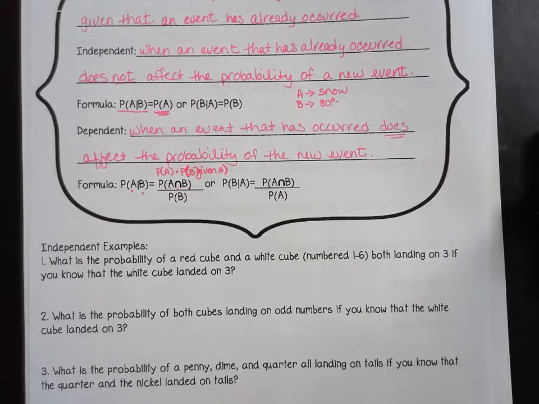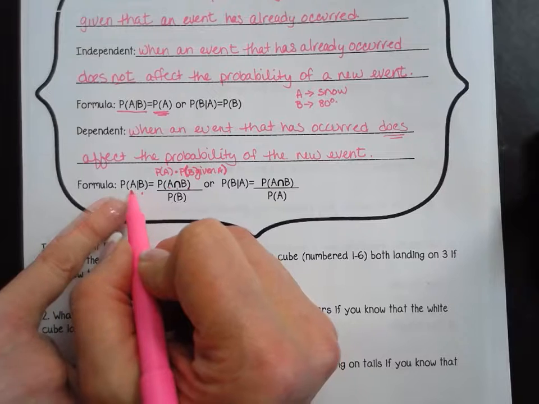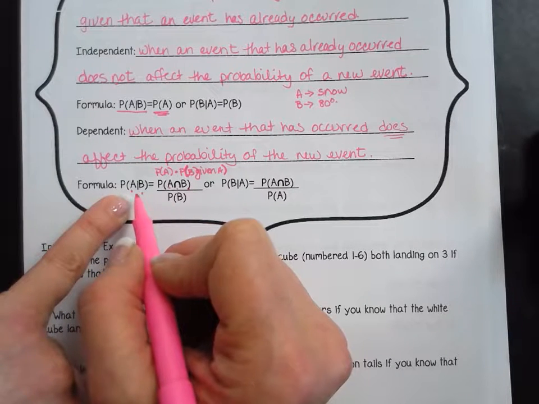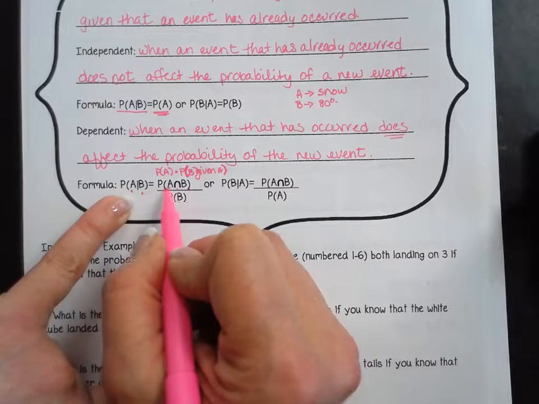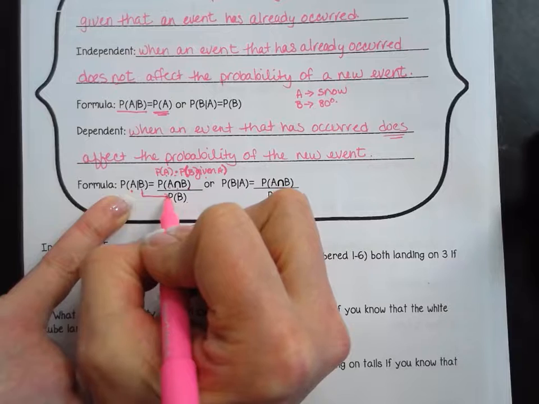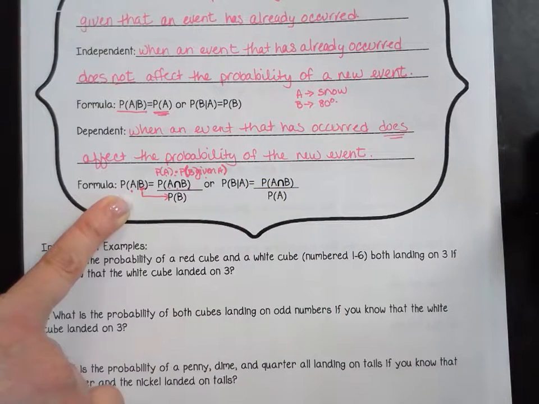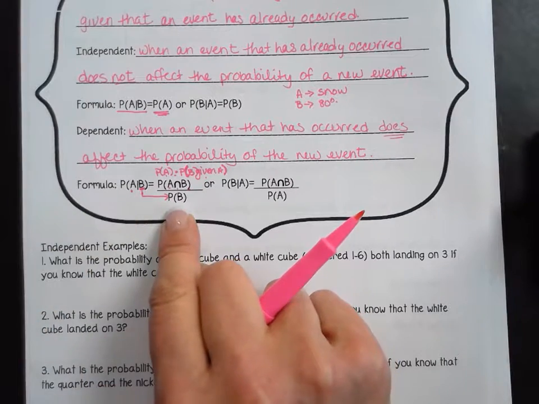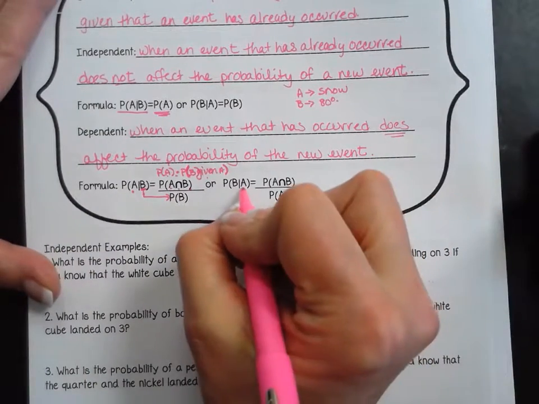Okay? So one of the key things when you're doing the probability of A and B is that you're going to find your A times the B, but then you divide by the second one in the formula. Notice how I'm dividing by the probability of B, because that's given that dependent one. What does that say?